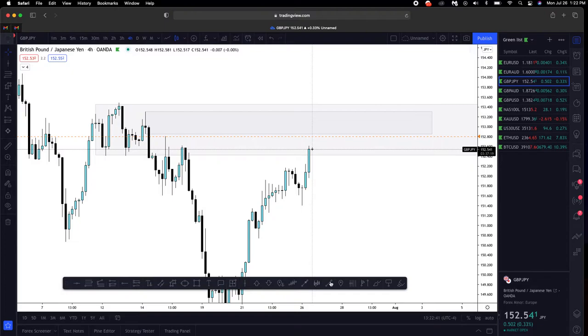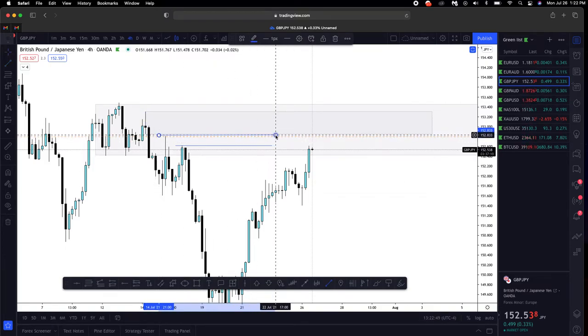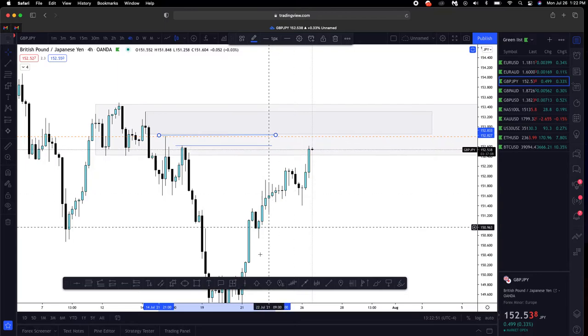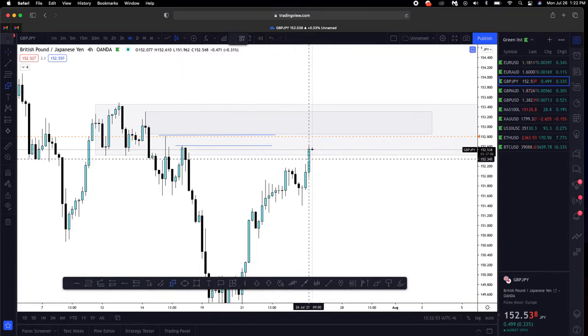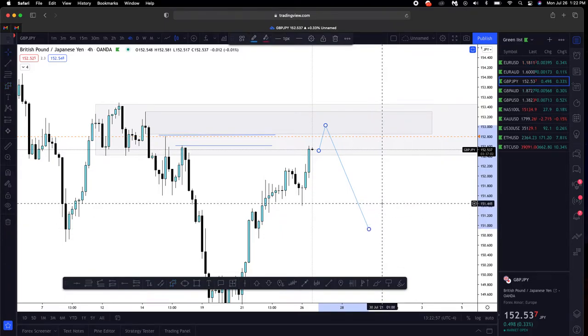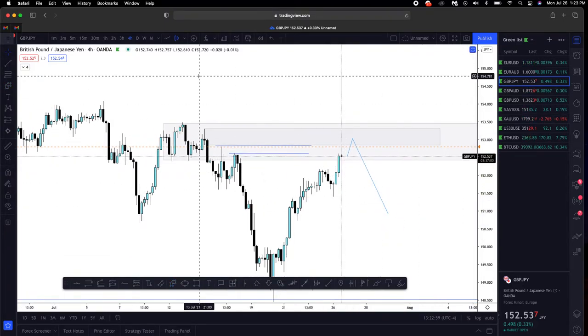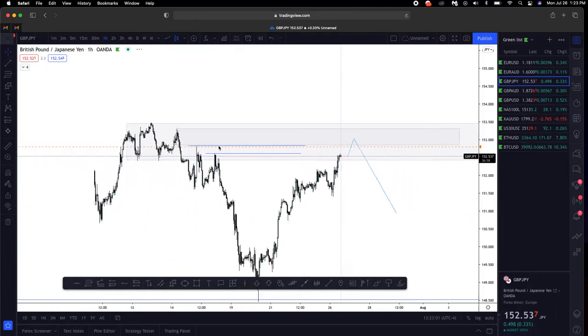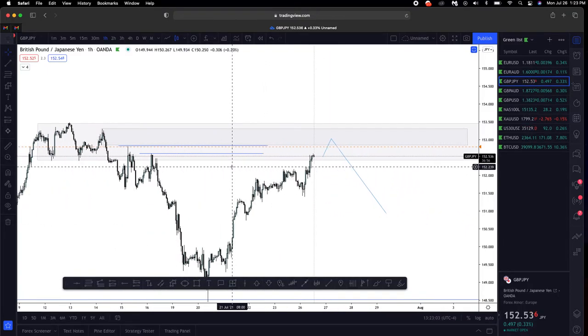So if I can get the market to come back and take out the stop losses above these two highs right here and come into this supply level and drop, then that's exactly what I would want to see, right? But obviously this is the higher time frame, the 4 hour, so it will take a little time to play out.